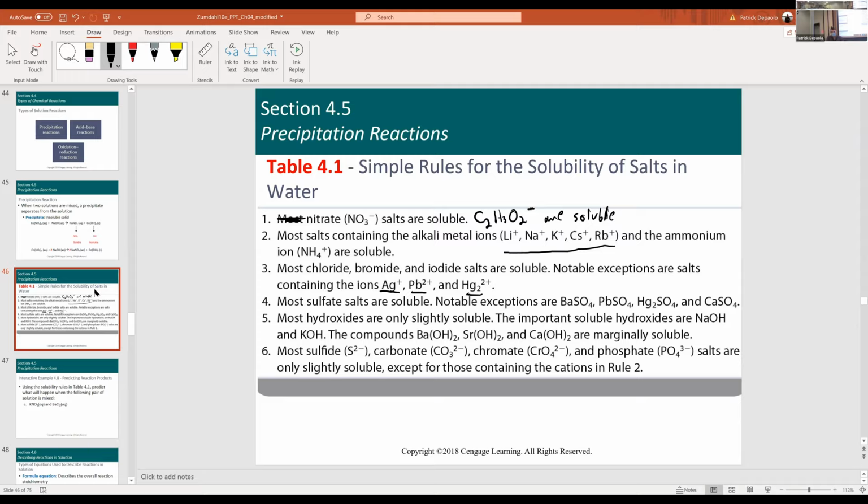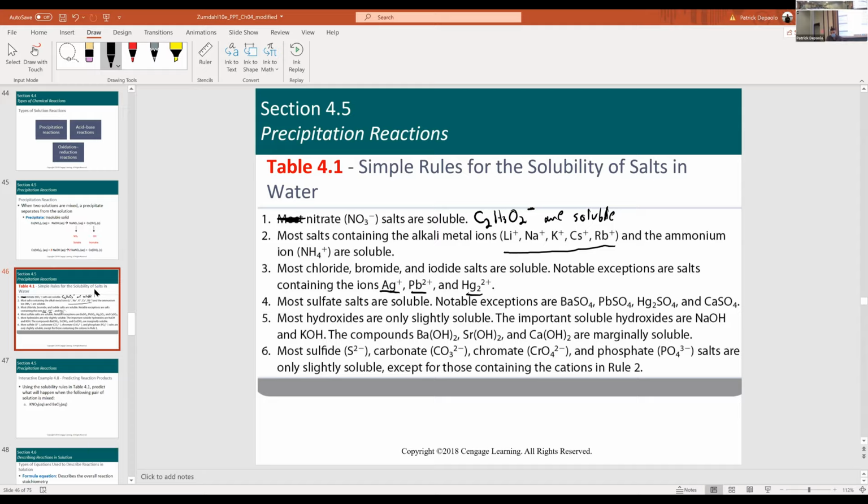So if ever you see those, that should be a red flag and be like, oh, something's insoluble there. So mercury, lead, and silver. Actually, lead and silver are the main ones. Mercury, I've seen it maybe once, but usually they're going to throw in questions with lead or silver as being insoluble.